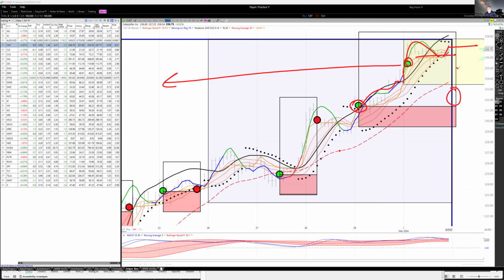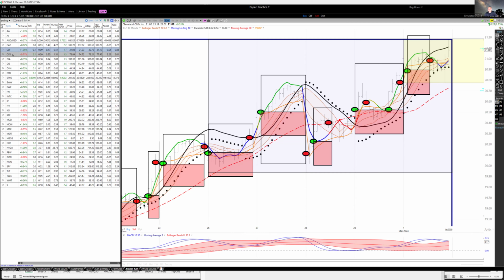And I'm holding 1, 2, 3R on this one and 1R on that one. So I have 4R cushion, and this thing is pushing through for next week. So the industrial sector was very good. Caterpillar was great, a great American company. Not afraid to hold that over the weekend when the market is at an all-time high.